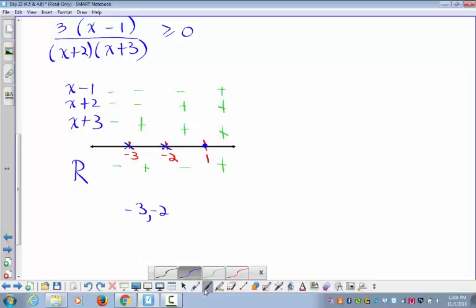The negative 3 and the negative 2 cannot be included because they cause division by 0. So we'll leave parentheses there. And then union, we have to go 1 to infinity. And we look at 1, and 1 can be included. It's a 0 of the numerator, and that's okay. So that will be a bracket.